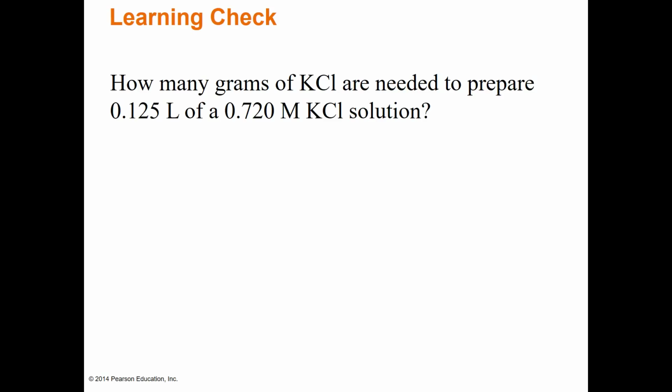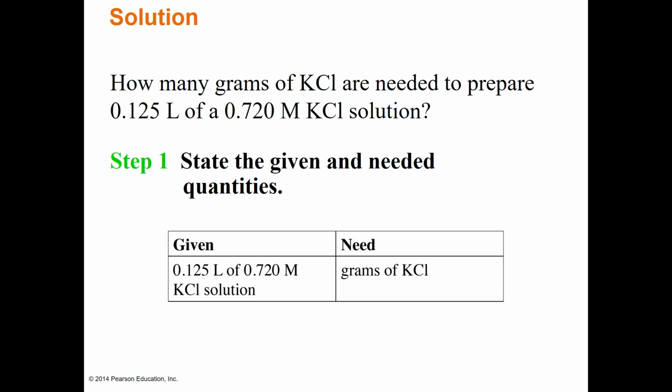You have molarity and liters, and the formula said what? Before we can get to grams, we need to find moles, and we can find moles because we have this formula: molarity is equal to moles over liters.